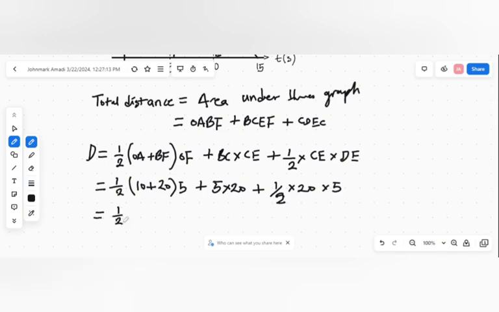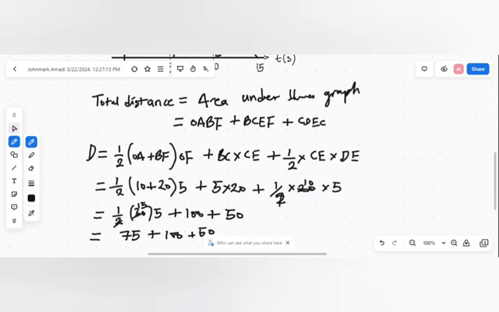So let's do our calculation now. This is 1 over 2, times 20 plus 10, that is 30, times 5, plus 5 times 20, which is 100, plus half of 20 times 5. The 2 will cancel the 20, giving 10, and 10 times 5 is 50. The 2 cancels itself, and 15 times 5 is 75, plus 100 plus 50.